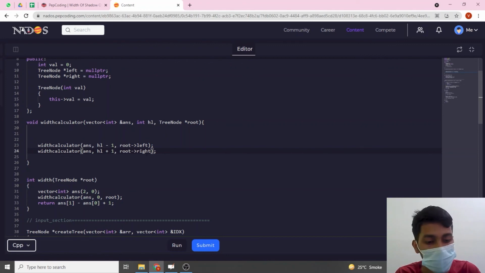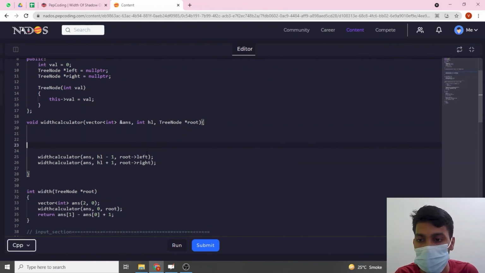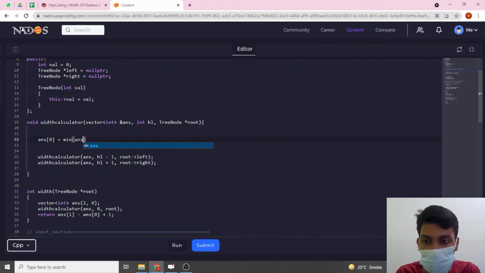Now after making these calls, we have to update our answer. So I'm going to update this at the 0th position. What we are going to store is the minimum of answer at 0 and the horizontal level that I am getting in the stack.